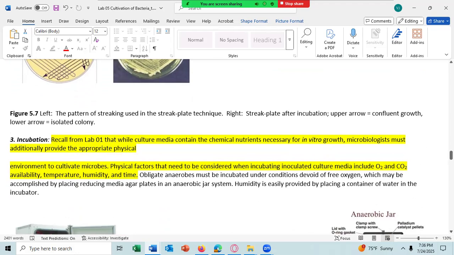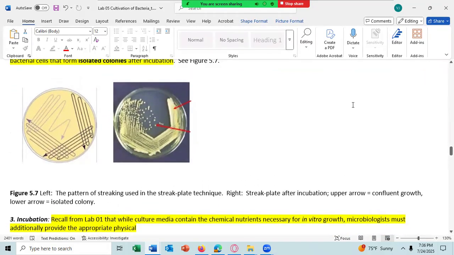All right. Oh, let me go back and state, once you get an isolated colony, remember that only about 70% of them are pure. To get a pure culture, you need to take from this isolated colony and then streak it out on a second plate, once again to get isolated colonies, using either the quadrant method or the 3-sector method.